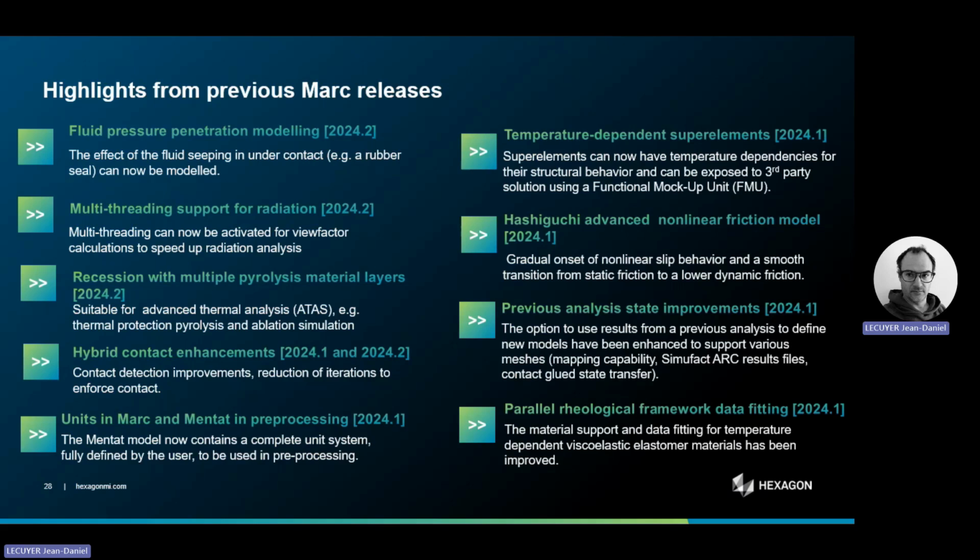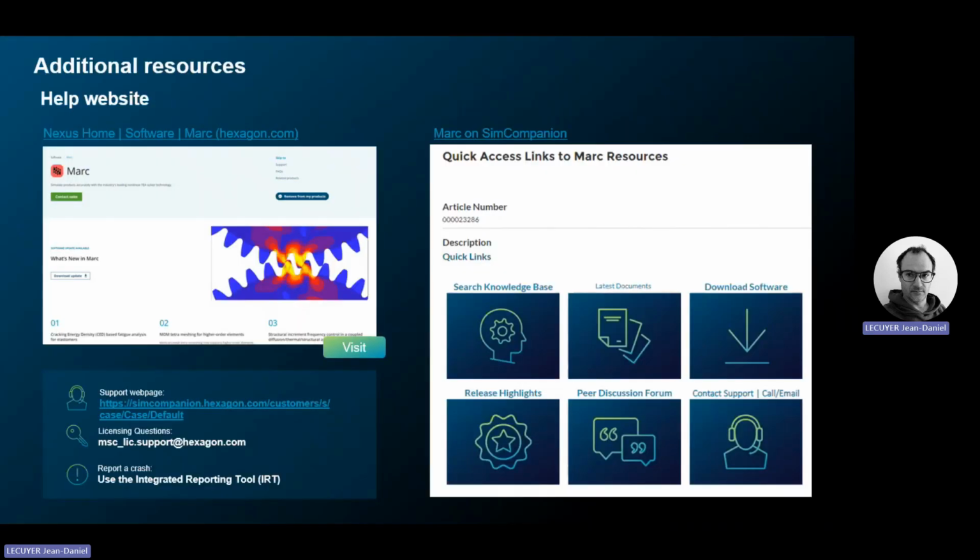We have also improved the performance of our solvers, for example, with multi-threading support for radiation. We have also improved the user experience for Marc and Mentat by introducing units for pre-processing. For additional information, please have a look at the Marc dedicated pages in Nexus Home or in Sim Companion.